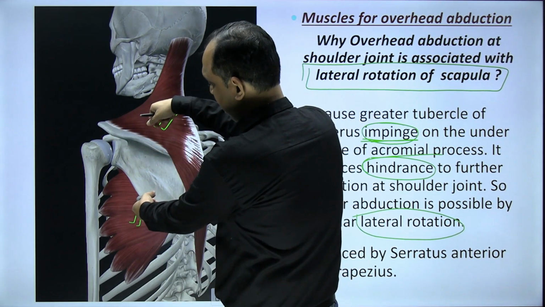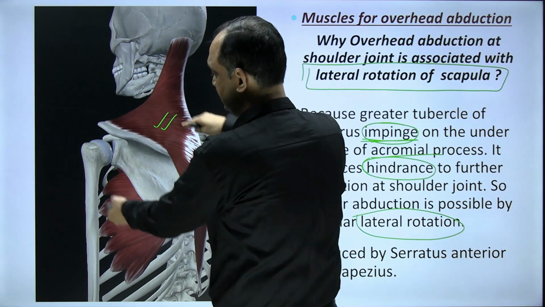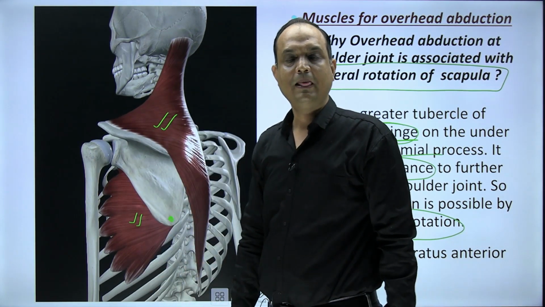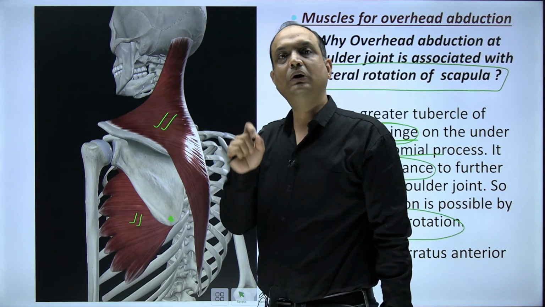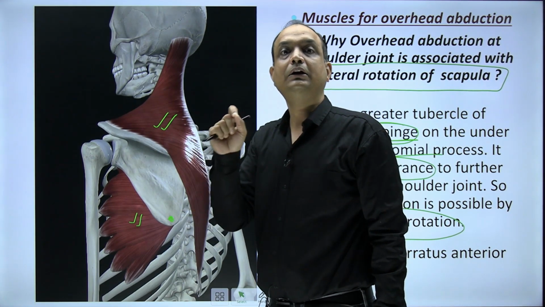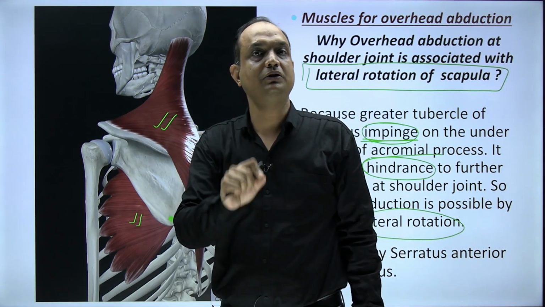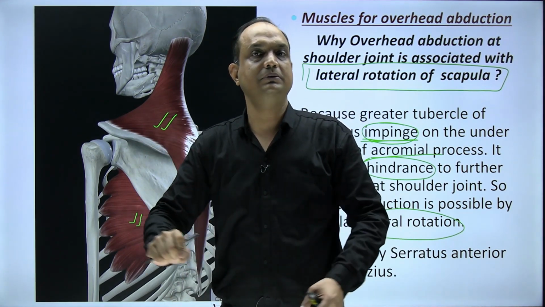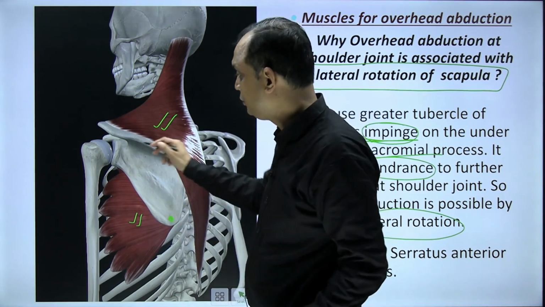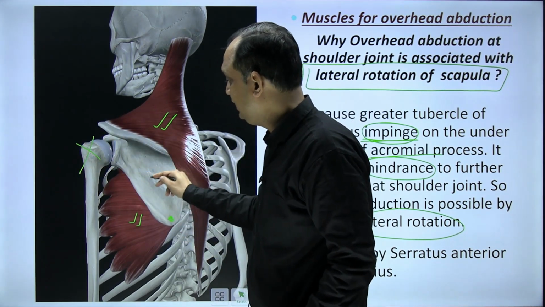So both these muscles pull in such a way that they are responsible for rotating the scapula. So dear students, keep in mind that overhead abduction at the shoulder joint is possible by muscles which are not rotating the humerus. They are rotating the scapula.